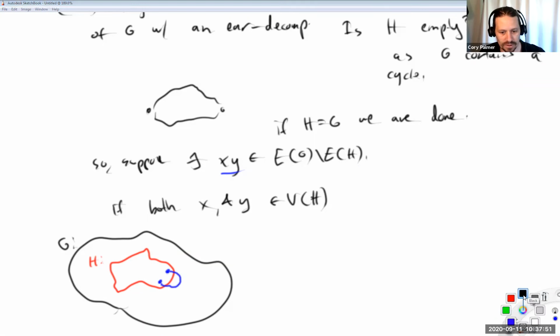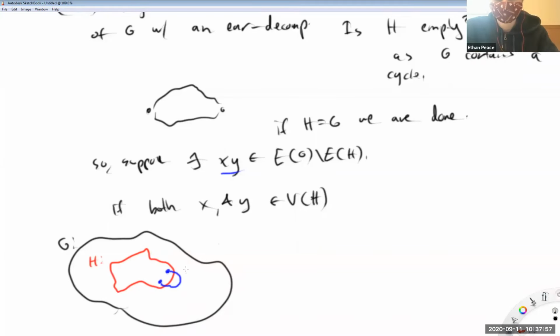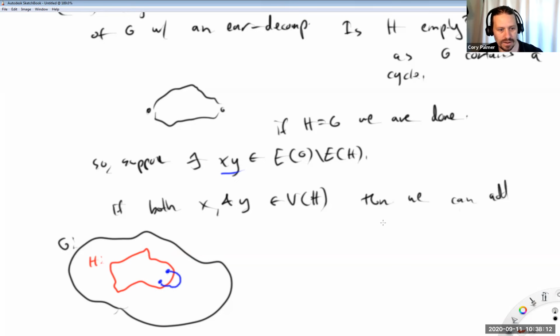But now what can you tell me? What if I add that edge? Yeah, Ethan, exactly. I can add that edge to my ear decomposition. This single edge is a path. It's outside of the graph with the ear decomposition, so I can add it here. Then we can add XY to H. And that's a contradiction, right?